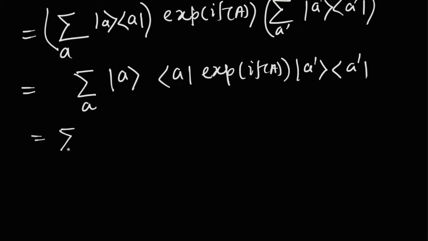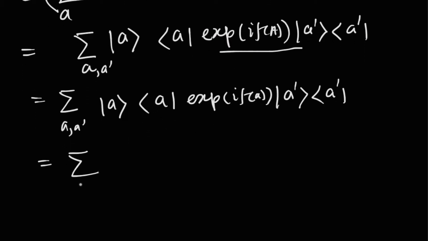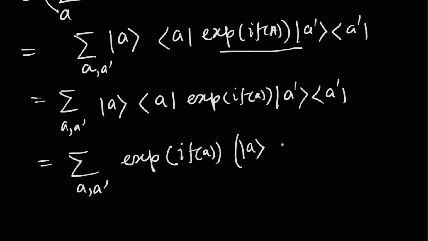This will give summation over a, a' of |a⟩, and exponential i f(a') as a number, and ⟨a'|. So that will be summation over a, a' of |a⟩ exponential i f(a') ⟨a'|.